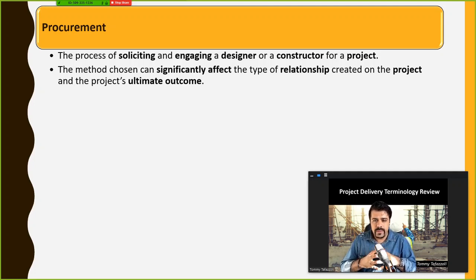So procurement process is very important because it significantly impacts the type of relationship between project players. Okay, so it could be based on low bid, or it could be based on qualifications only, or QBS, qualification based selection, or it could be a combination of cost and some other qualifications.